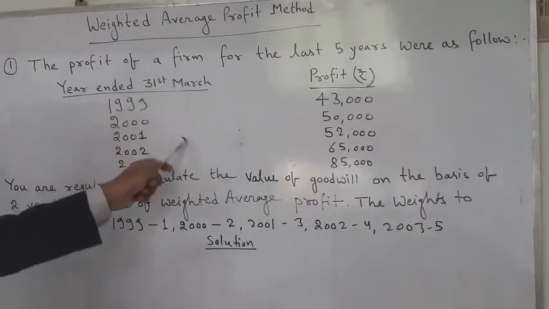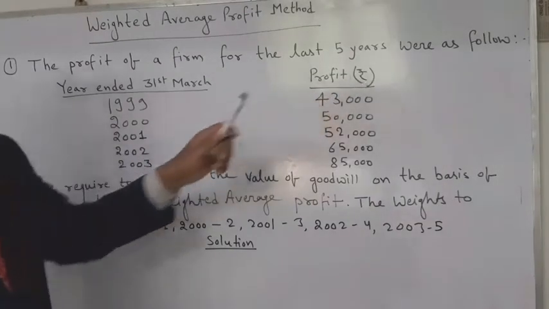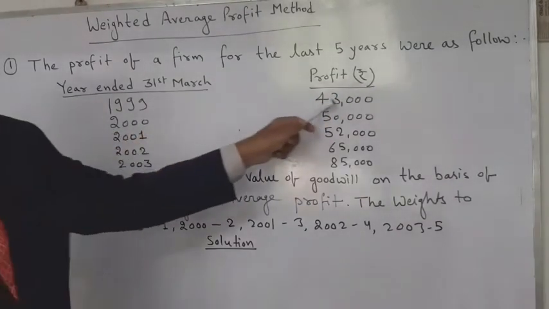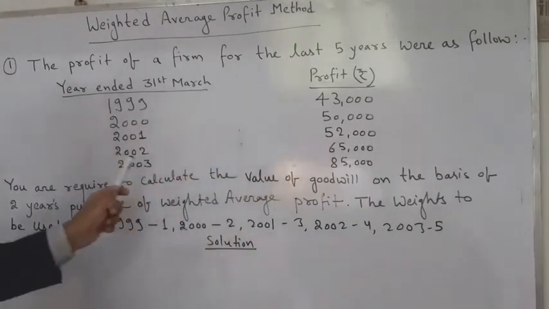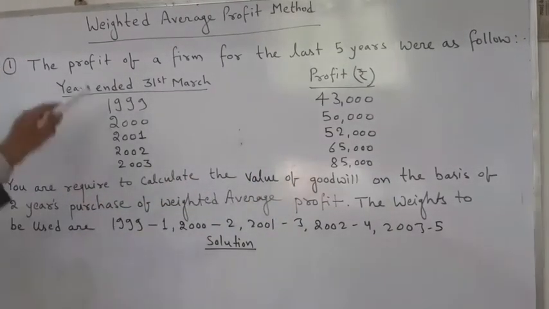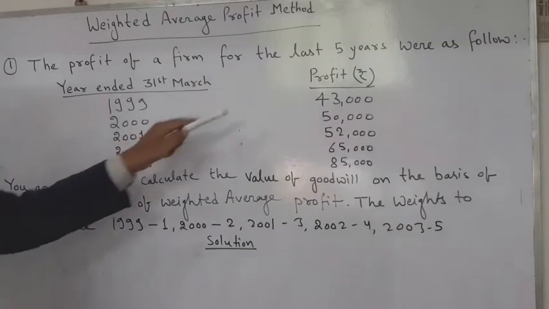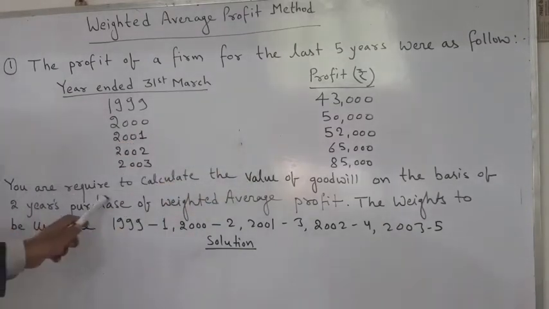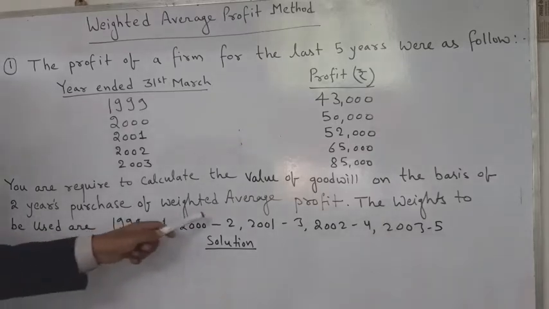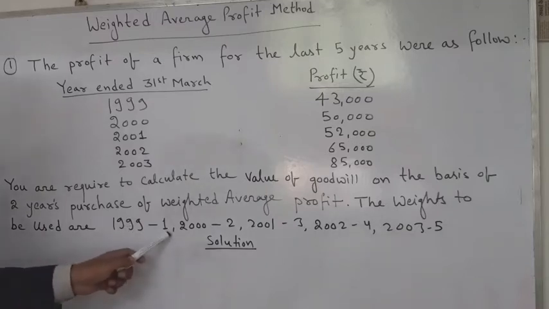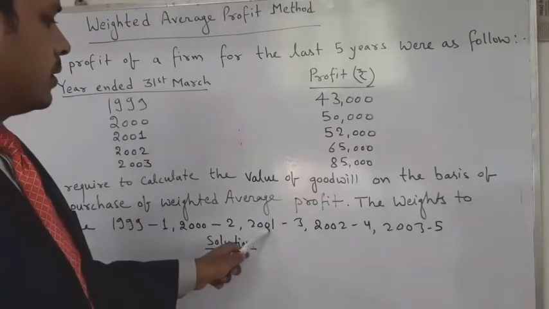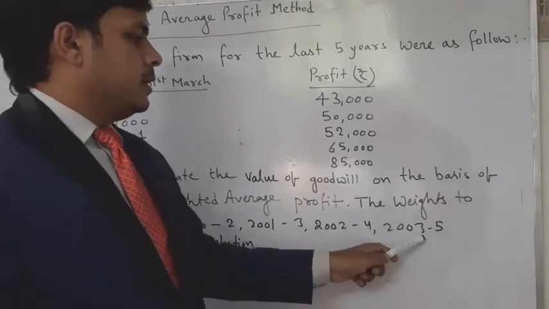Year ended 31st March: this is the profit given: 1999, 43,000; 2000, 50,000; 2001, 52,000; 2002, 65,000; 2003, 85,000. You are required to calculate the value of goodwill on the basis of 2 years purchase of weighted average profit. The weights to be used are 1999 1, 2000 2, 2001 3, 2002 4, 2003 5.